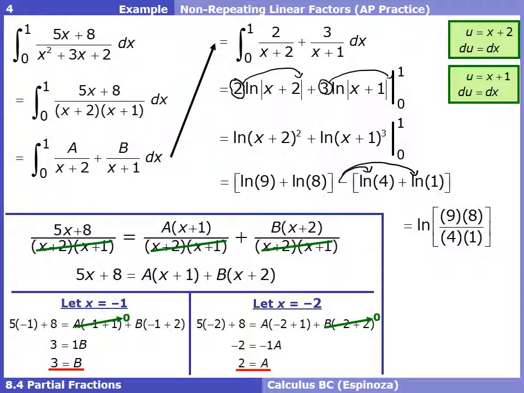Since the 4 and the 1 have that negative attached to them, those two numbers will go to the bottom of the fraction, and then there's only one natural log. We're condensing all 4 of these natural logs into 1. So it's just ln of the fraction 9 times 8 over 4 times 1, and with some simple arithmetic, you can see that the final simplified answer will be the natural log of 18.